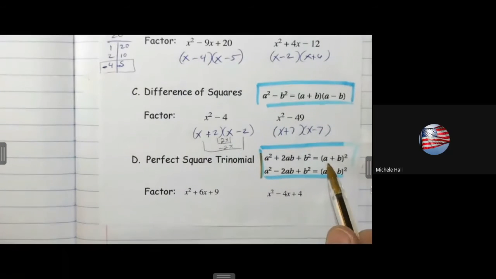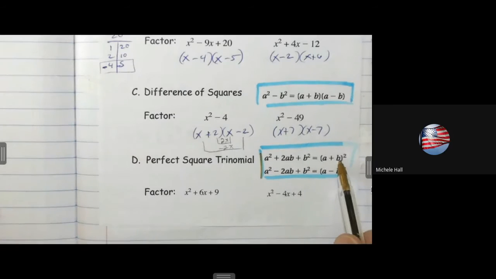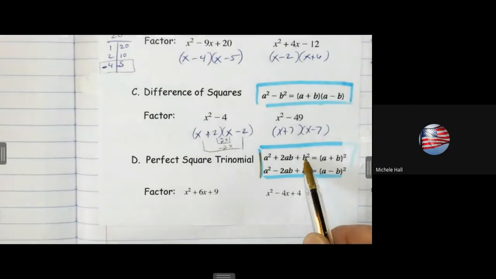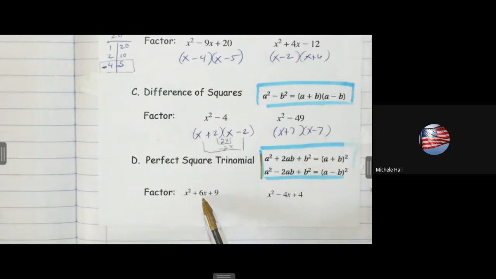I can always see my first term, a squared is going to be a squared. My last term, b squared, is going to be b squared. The middle term, you always end up with 2 terms in the middle term that are the same, okay? Like on this one, it would be 3x and 3x.